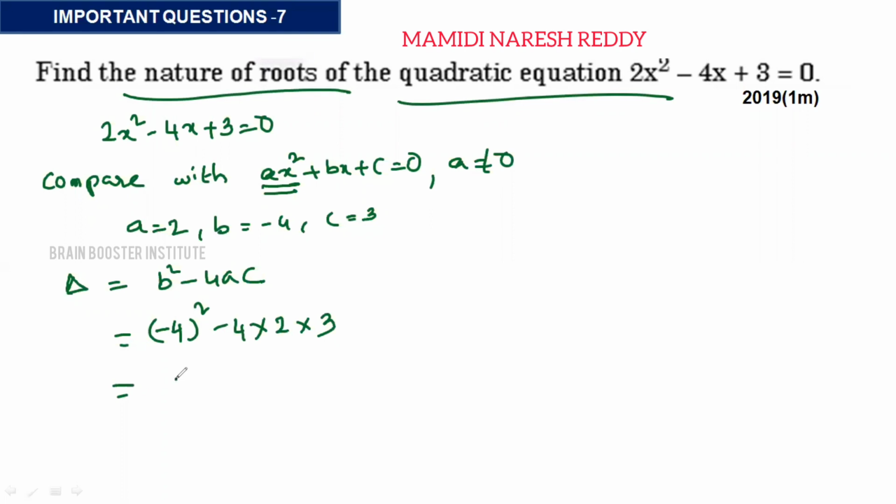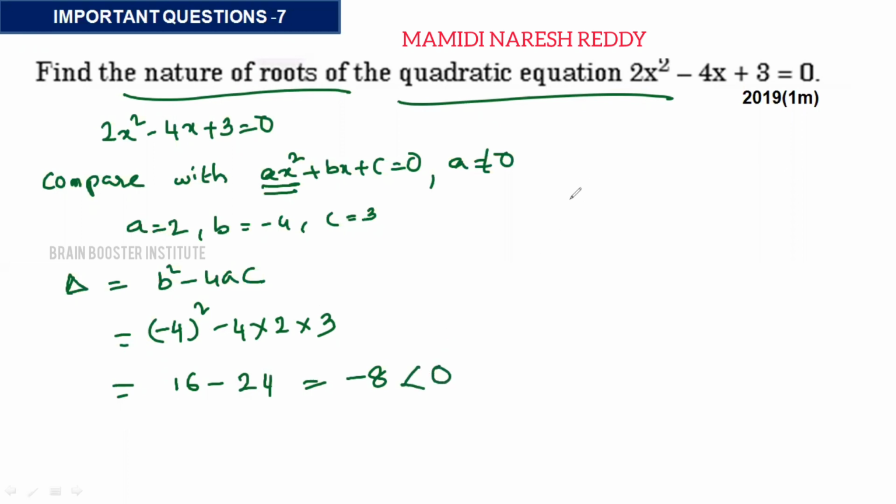Minus 4 whole square is plus 16, and 4 2s are 8, 8 3s are 24. Subtracting 24 from 16, we get minus 8, which is less than 0.